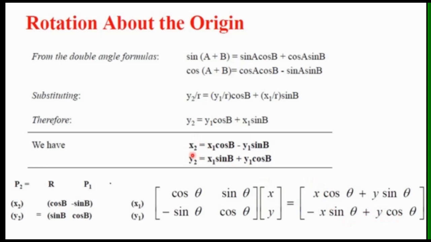These are nothing but x2 and y2. So we get the new positions by multiplying this transformation matrix with the original matrix, and it is used to rotate the object.